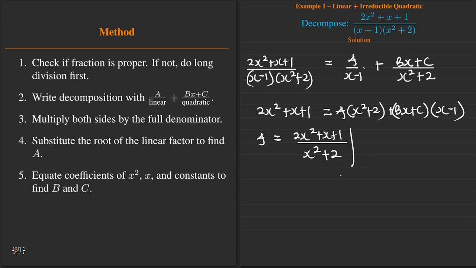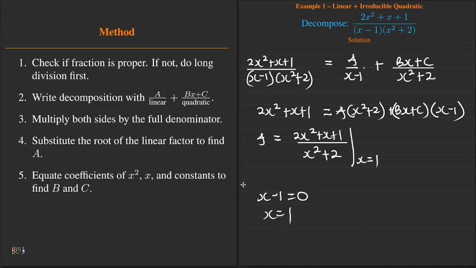But then we'll be evaluating it at the value of x which makes the denominator of A to be 0. That is to say, if x minus 1 is equal to 0, then our x will be equal to 1. So we'll evaluate this at x equals 1.